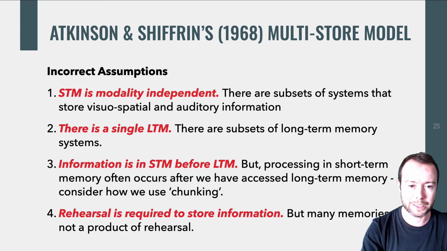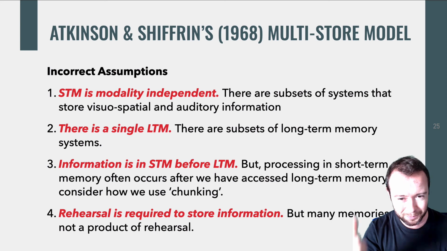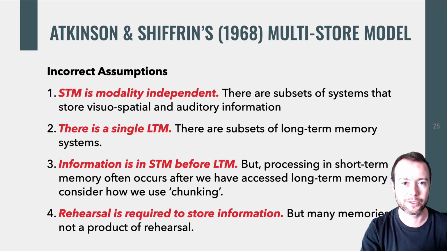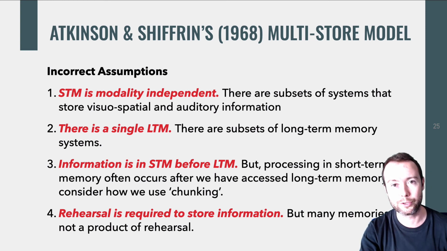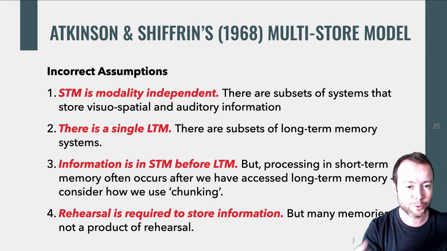So the first one of these is the idea that short-term memory is modality independent. And we know now there's pretty convincing evidence that this isn't the case. We have definitely different subsystems that seem to be responsible for storing visuospatial and auditory information. And how do we know this?